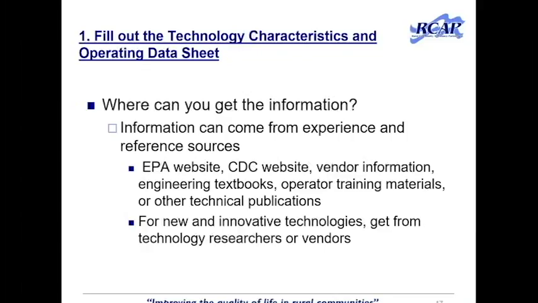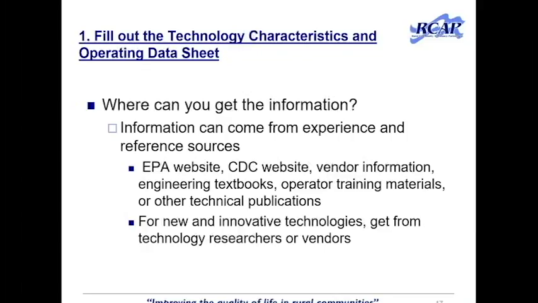The EPA website has a lot of good information on it. The Centers for Disease Control and Prevention website has real good information on the contaminants and where they come from and their impacts on folks. Vendors may have the information. Some of the design data comes from engineering textbooks. You can also get some operating procedures from operator training materials.